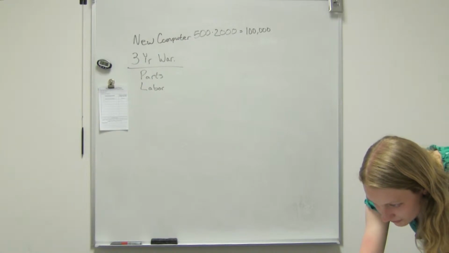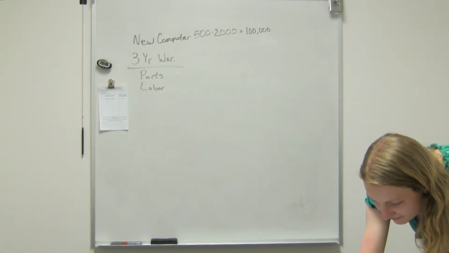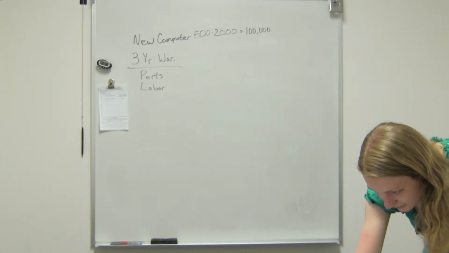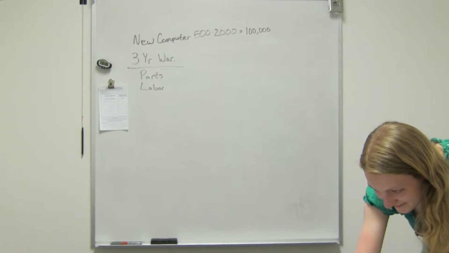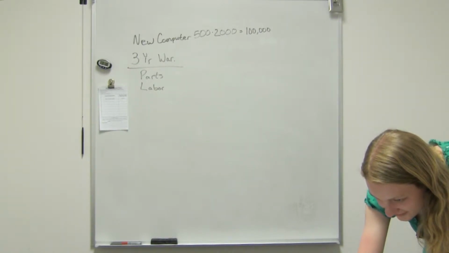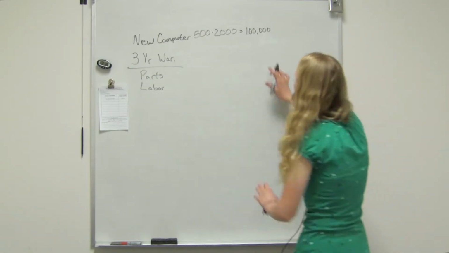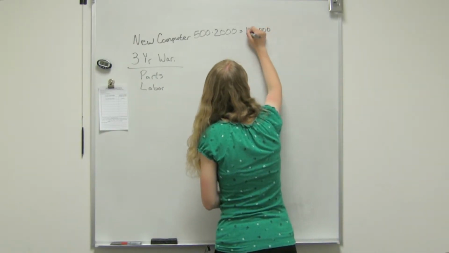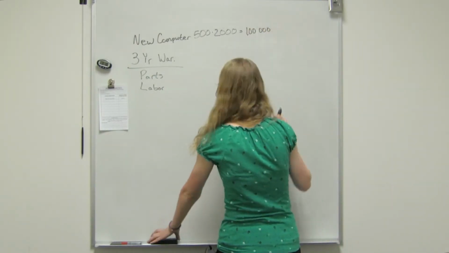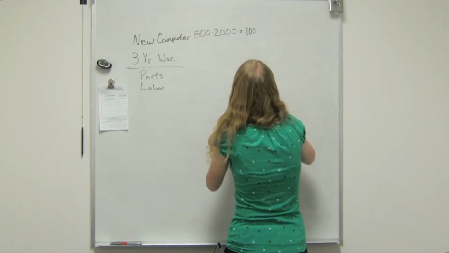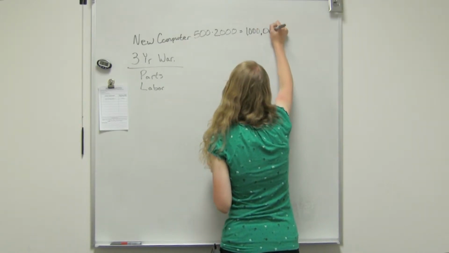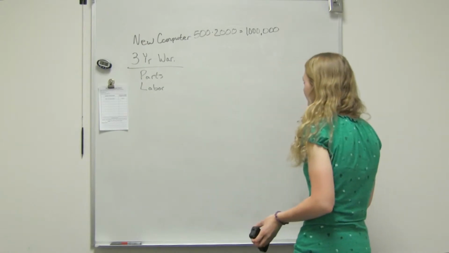Where is it? 1 million. I need commas. Looks like 1 million. Okay, there we go. Maybe it's 10. Let me put some commas in. Yeah, it's 1 million. Hard when there are so many zeros.